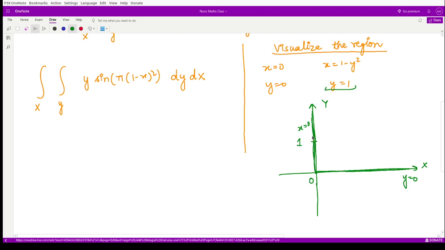So y equal to 1 would be a straight line passing through 1 on the y-axis and parallel to the x-axis. So these are your lines: y equal to 0, y equal to 1, x equal to 0.